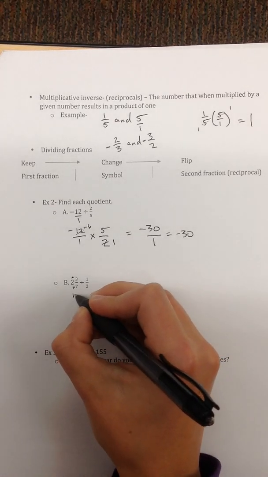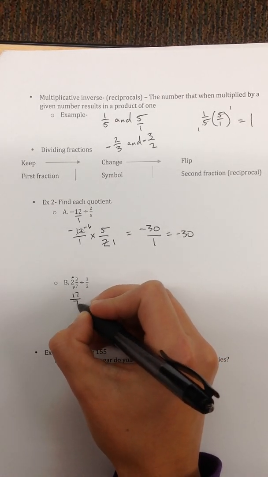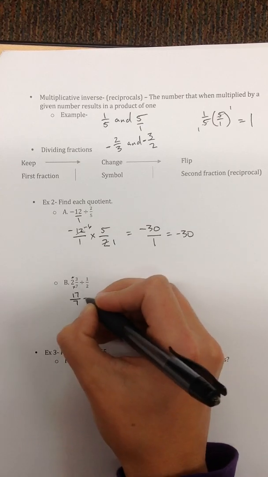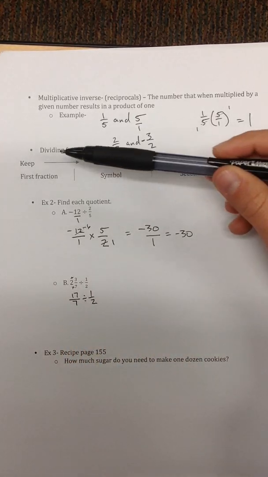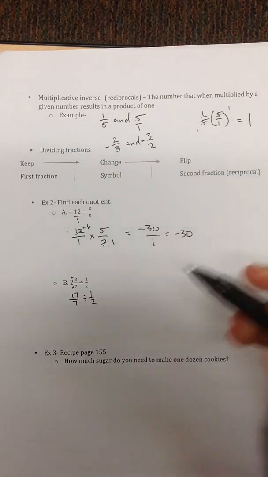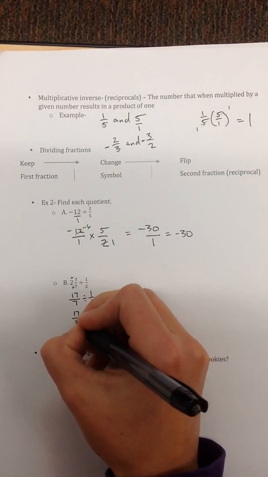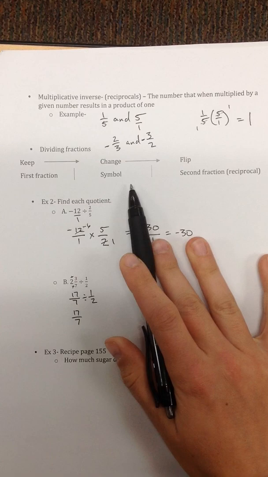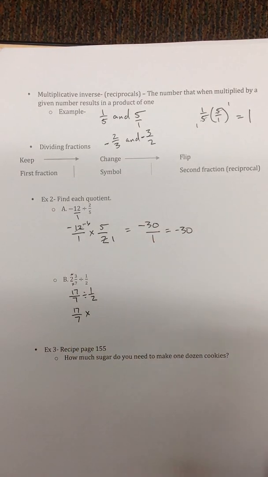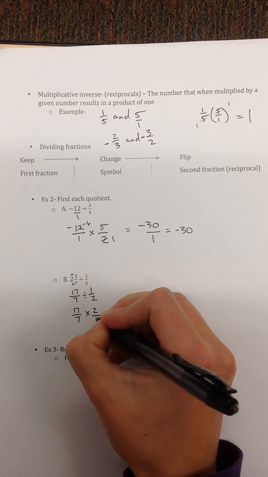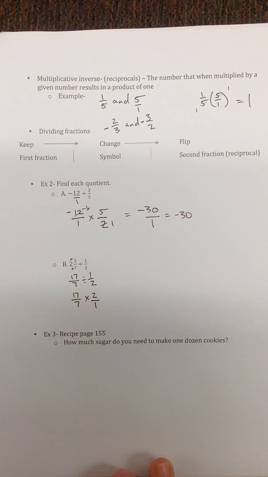So 2 3/7 is the same thing as 17 over 7 divided by 1/2. Then I follow my same rules as before, keep my first fraction the same, so 17 over 7, change my sign from division to multiplication, then I flip my second fraction. So it changes to 2 over 1.